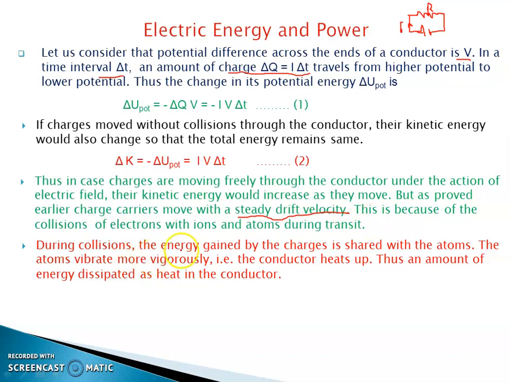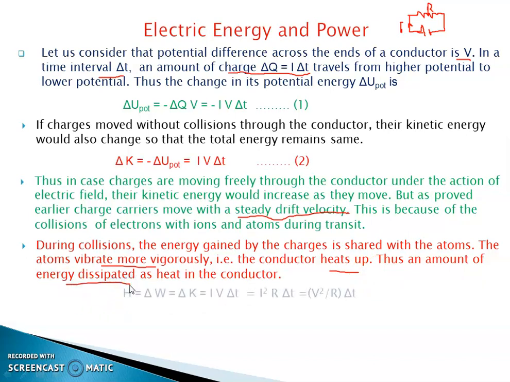During this collision, the energy gained by the charges is shared with the atoms. The atoms vibrate more vigorously, and the conductor heats up. When an electron hits the positive ions, its kinetic energy gets shifted to the positive ion and the heat energy is dissipated.